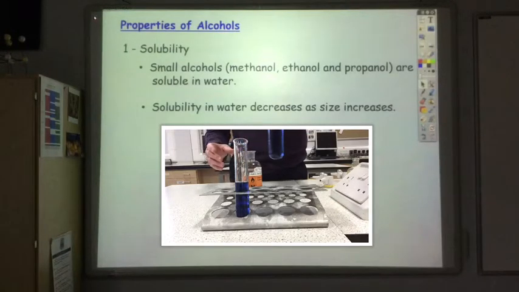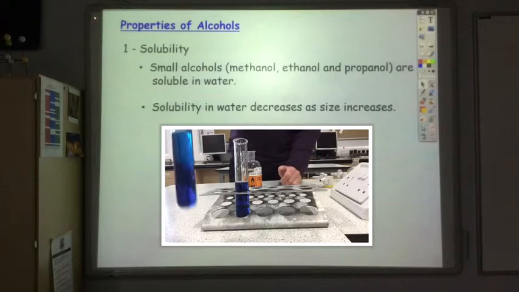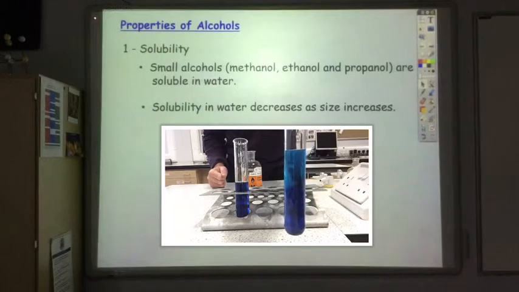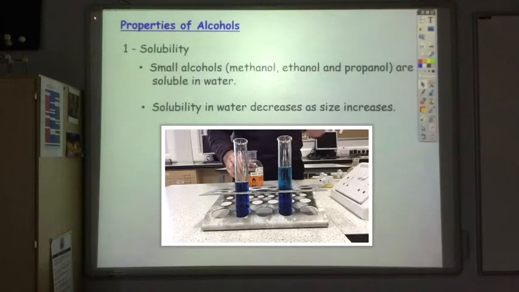So give it a wee mix up. And what you see is the ethanol and the water has mixed. There's not 2 distinct layers. Now you should know that from seeing a glass of wine. You don't see 2 distinct layers in a glass of wine. So small alcohols dissolve in water.